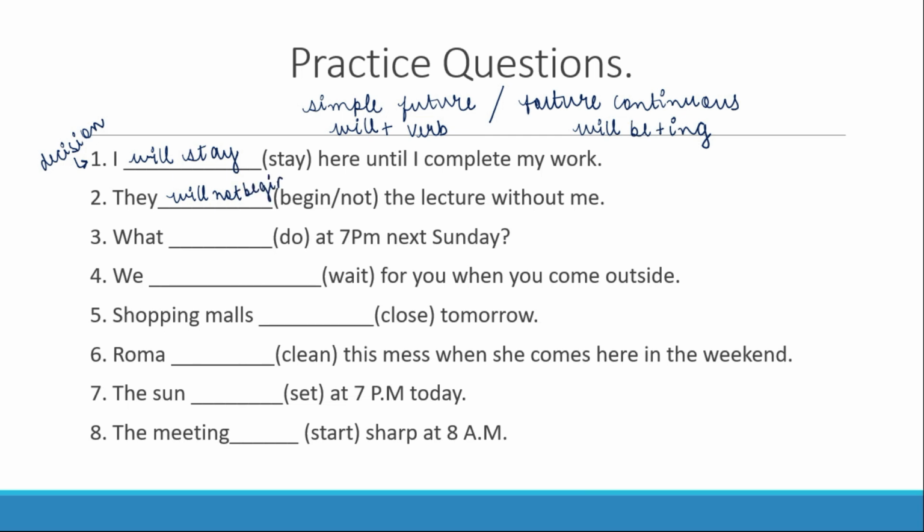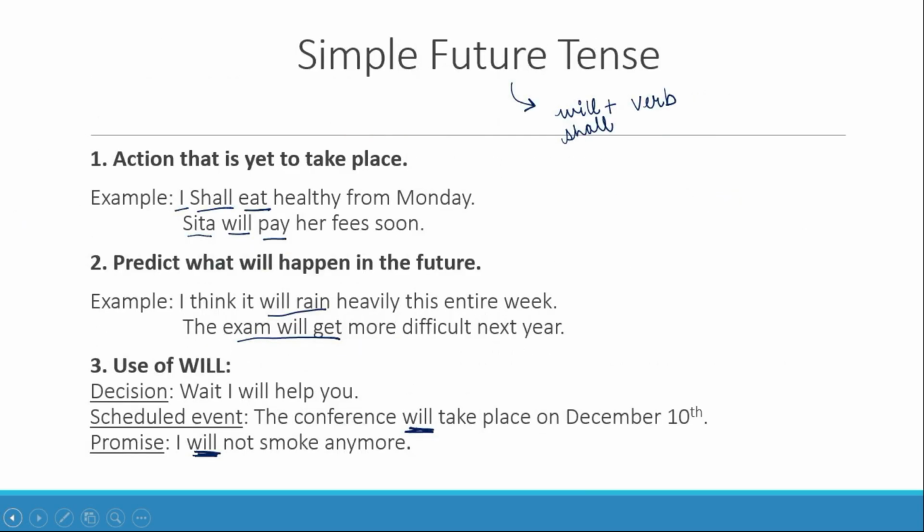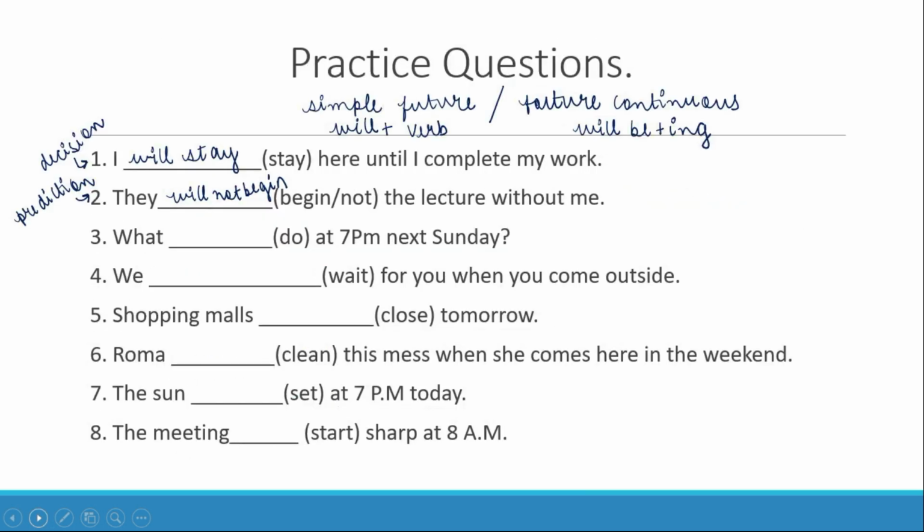So you are making a prediction here that they will not begin it without me. So when it's a prediction, or if it is a decision, all that will be simple future tense, and this action is not continuing. So that is why continuous tense will not come.